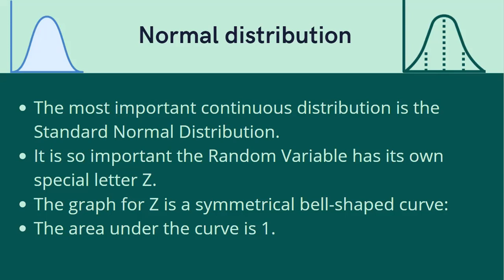If you see on the right-hand side, the middle line represents the mean and the median, and that is why it is symmetrical on the left-hand side and the right-hand side. It is also known as the bell-shaped curve, and the area under the curve is always 1 because it is a probability distribution and probabilities can never be greater than 1.